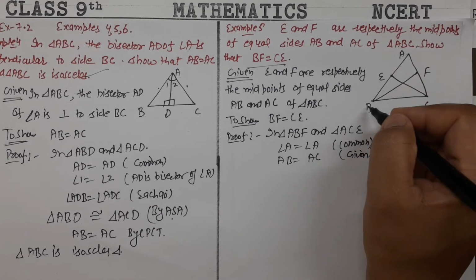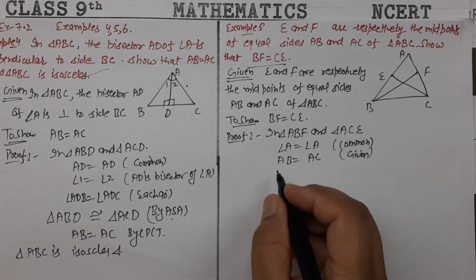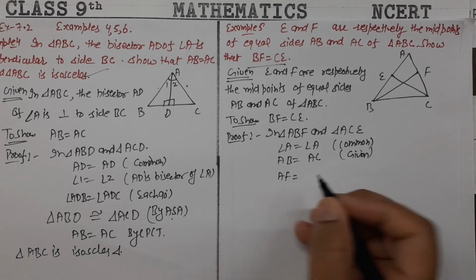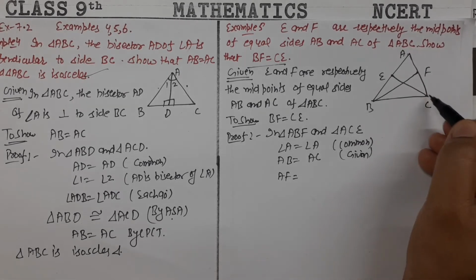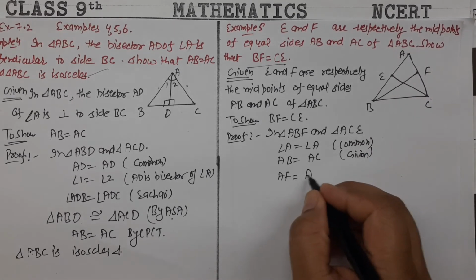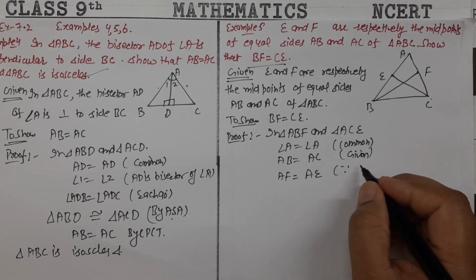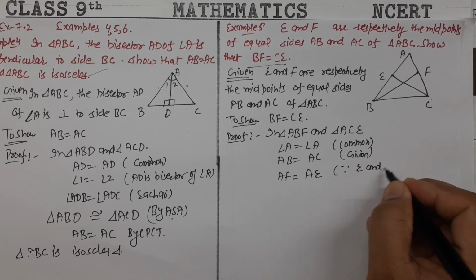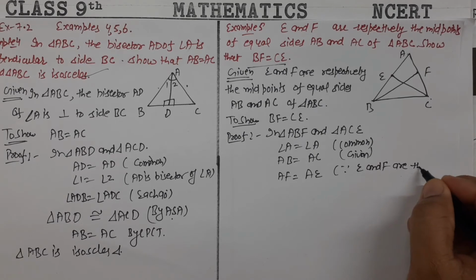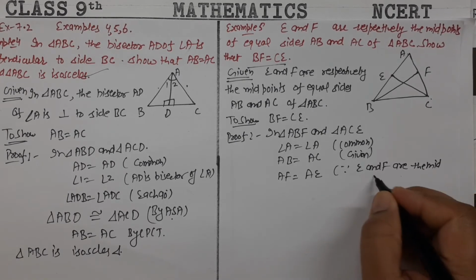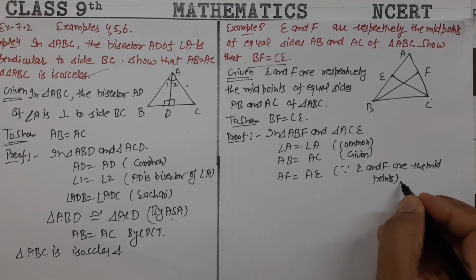Now AF is equal to AE because E and F are the midpoints.